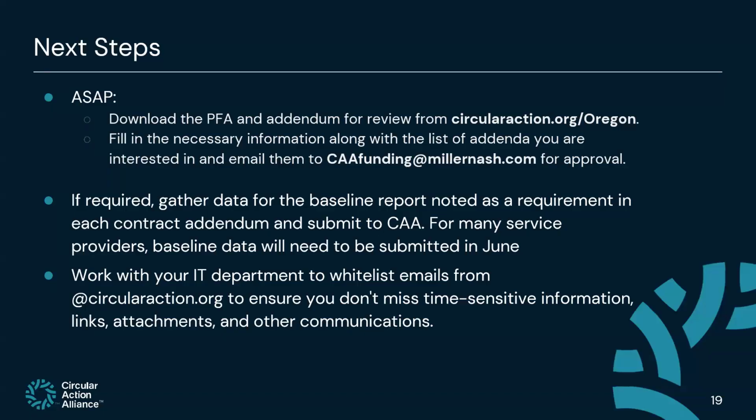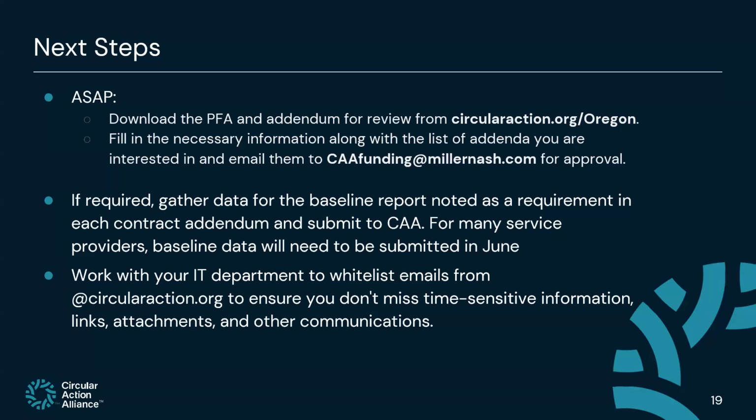All right. So the biggest thing still, obviously, is I think we've gotten maybe a third of the PFAs, the primary funding agreements that we're expecting. So continue working with your legal team or getting approval for those, along with any associated addenda, to make sure that all those are signed and the information is submitted.